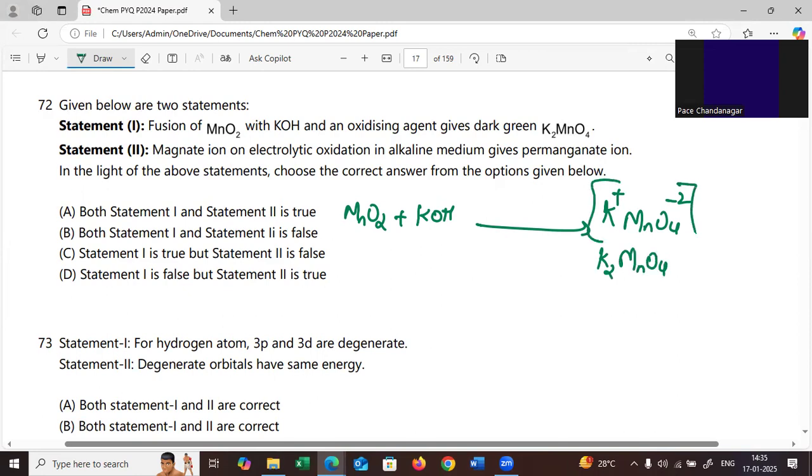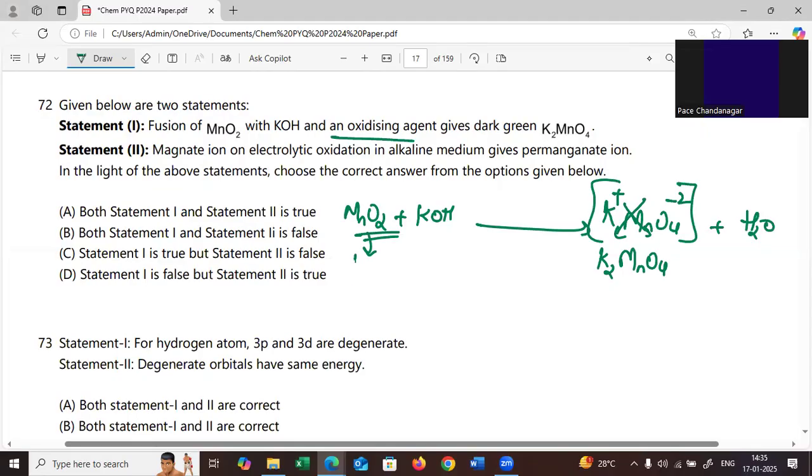Because it is being told to us, it is an oxidizing agent, MnO2 with KOH and an oxidizing agent will give you what? Plus hydrogen, you have oxygen, you will definitely lead to water then.